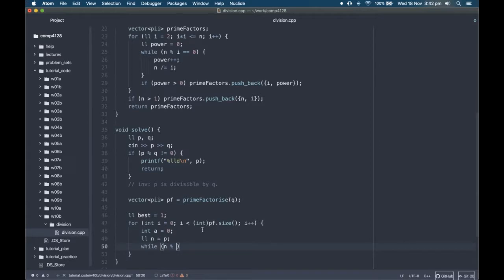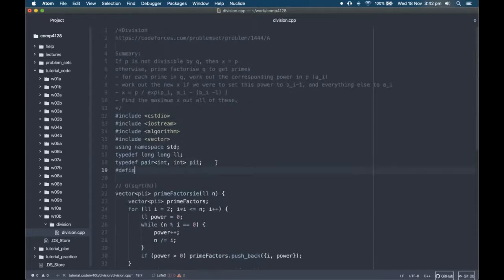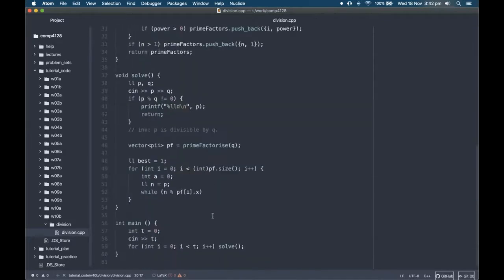Instead, we'll use pfi.x, which remember, I need to define what x means. x will mean the first element in the pair, and y will mean the second element in the pair. So of course, remember the first element in the pair in this vector is the prime itself.